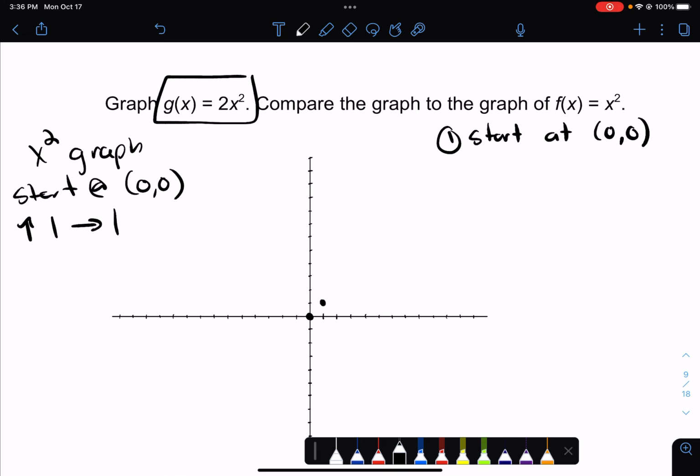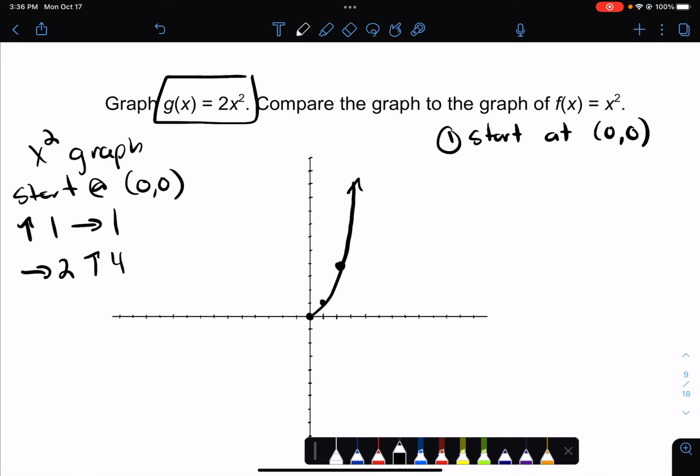Then I'm going to go over 2, but this time I'm going to go up 4. So over 1, 2, and up 1, 2, 3, 4, and that's where I'm going to put my point. And that's going to be half of my graph, and it's going to be this shape right here.